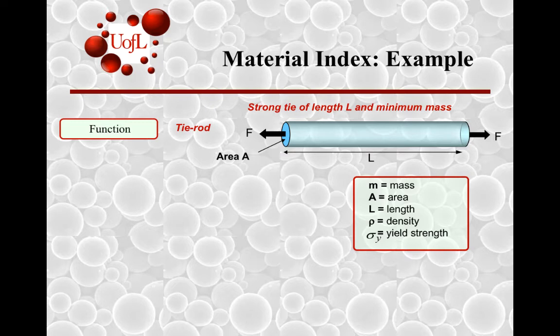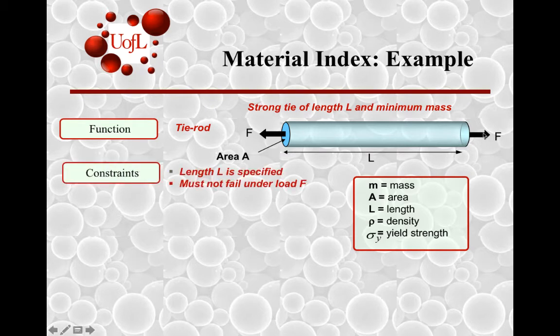Let's see an example. Here is a cylindrical rod, referred to as a tie rod. It has a certain mass, a certain area, certain length, certain density, certain yield strength. Okay.